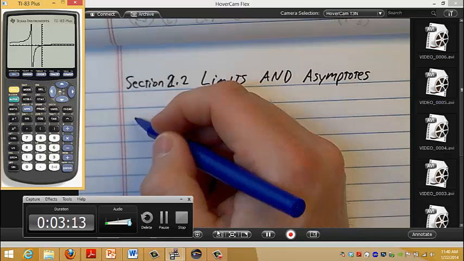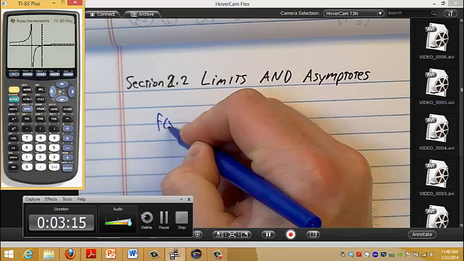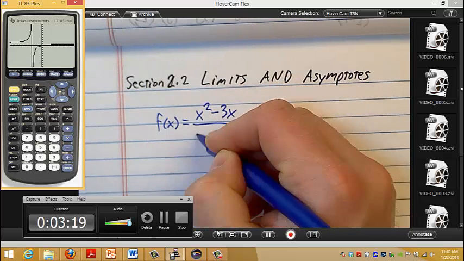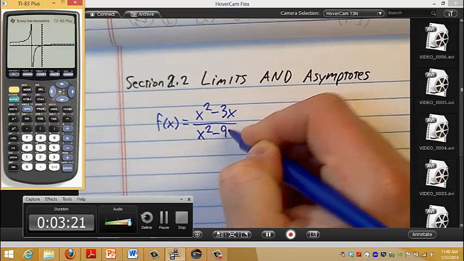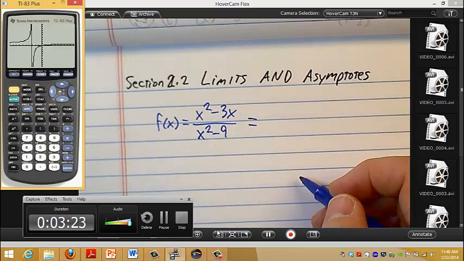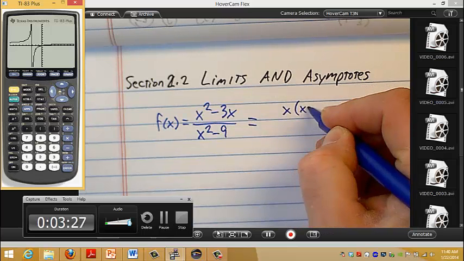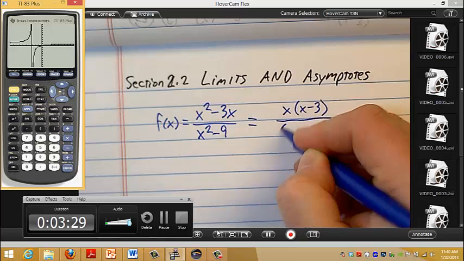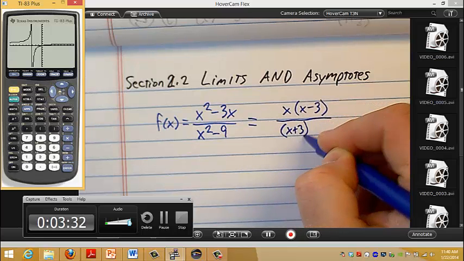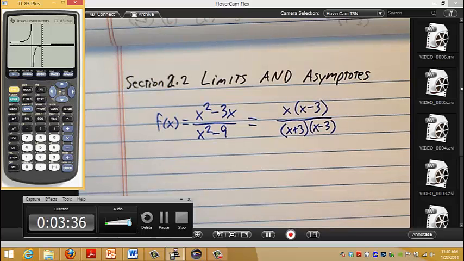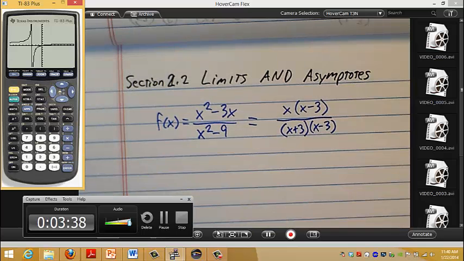Last time when we had this function, f of x is x squared minus 3x over x squared minus 9, when we wanted to compute some of these limits, one of the things that we did was we factored. And that helped me to compute a couple of things.